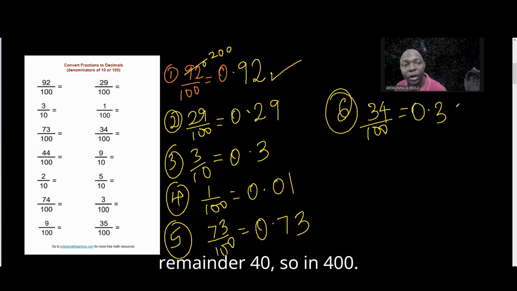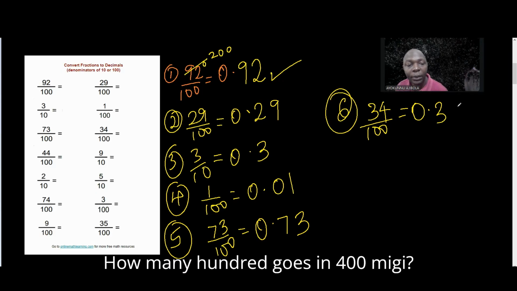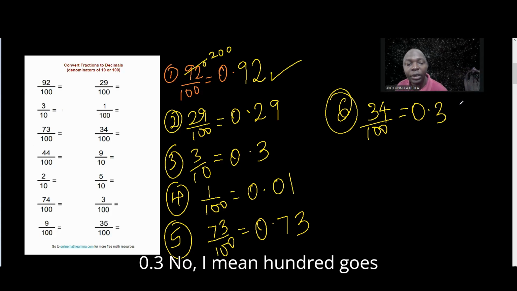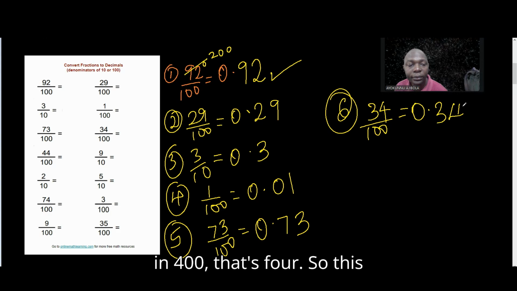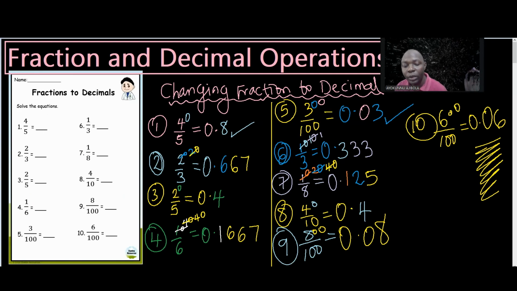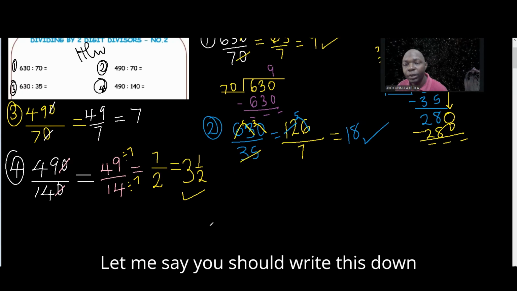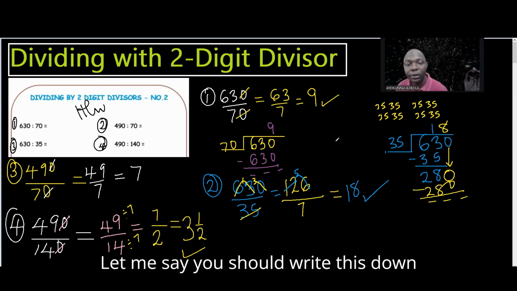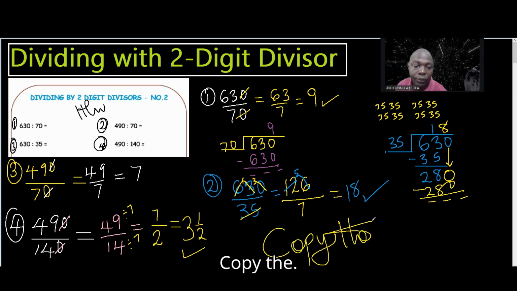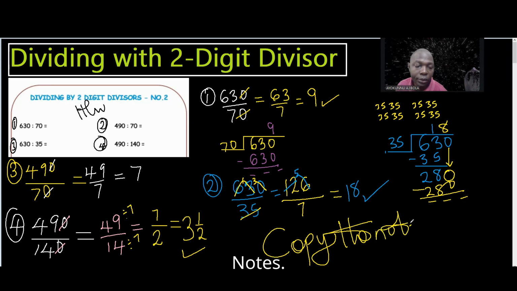So in 400, how many 100 goes in 400, Miggy? That's 4. So this is going to be 0.34. You should write this down quickly. Copy this note, okay?